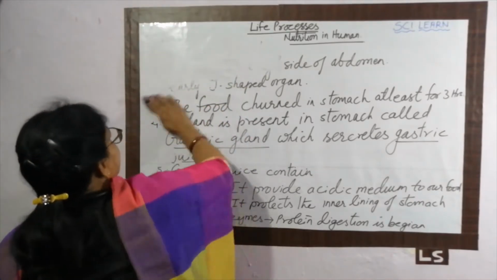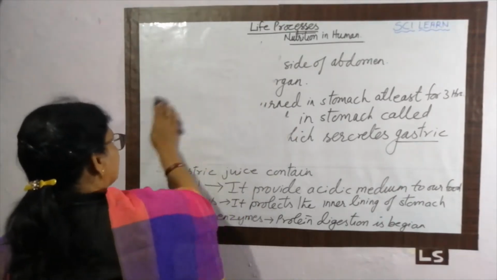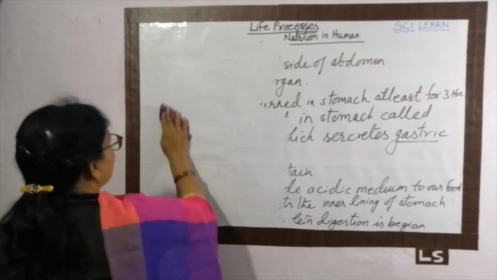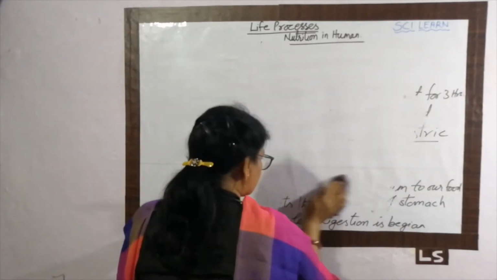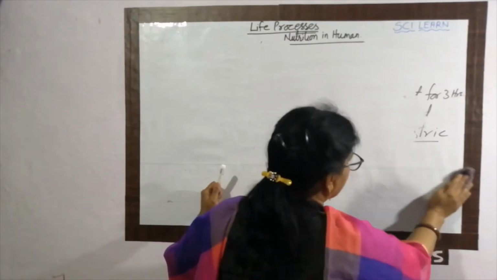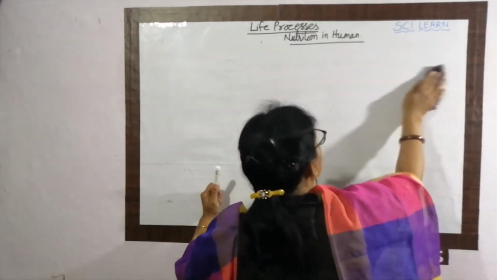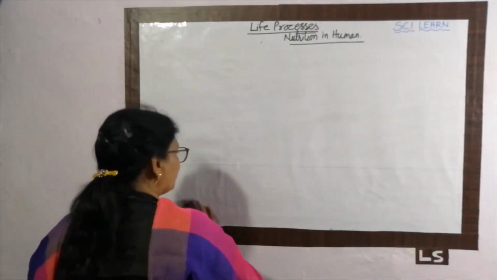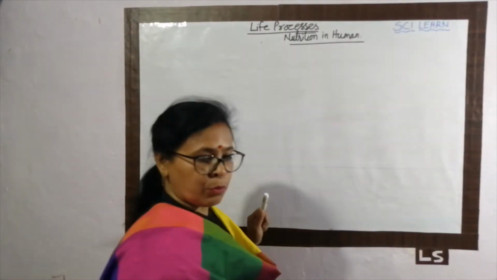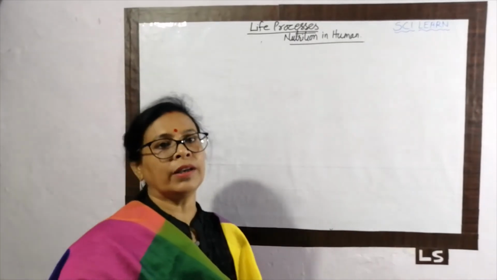Here also the complete digestion is not going on. In the first part, the digestion in the mouth, only carbohydrate digestion is started. What happened in the stomach? The digestion of protein is started, but the next process is completed in the small intestine.